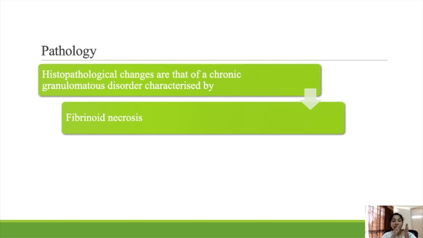Here, an uncontrollable and irreversible cell death can be seen with the deposition of antigen antibody complex in the walls of blood vessels along with fibrin. That is fibrinoid necrosis. There is a cell death, that is necrosis, and it is irreversible.